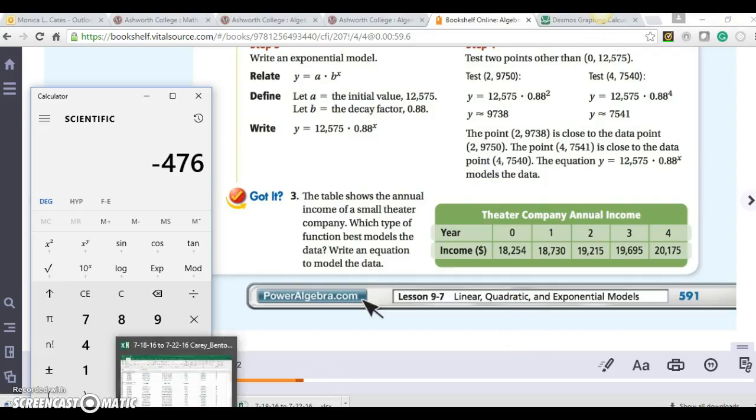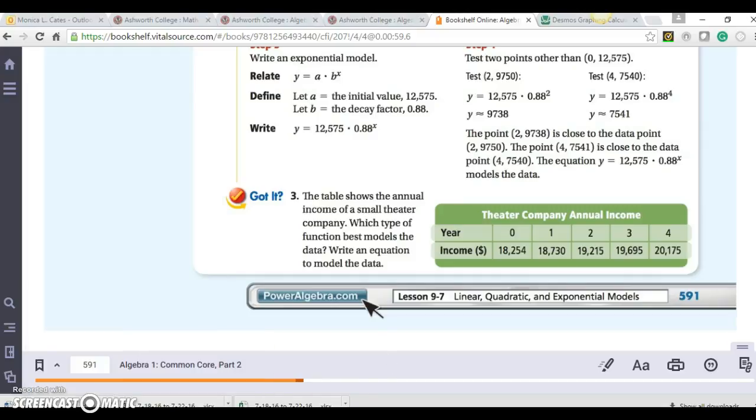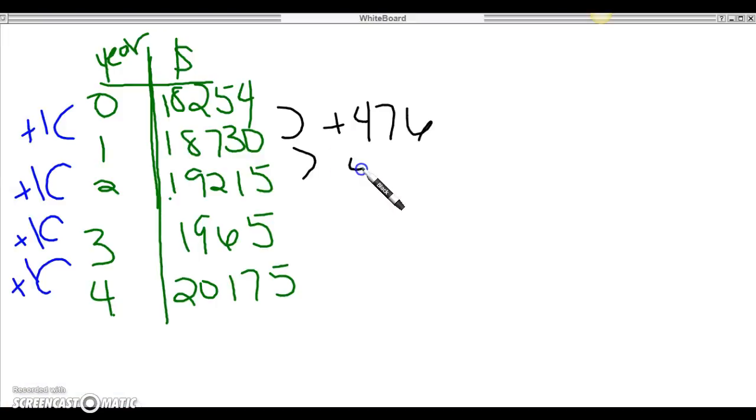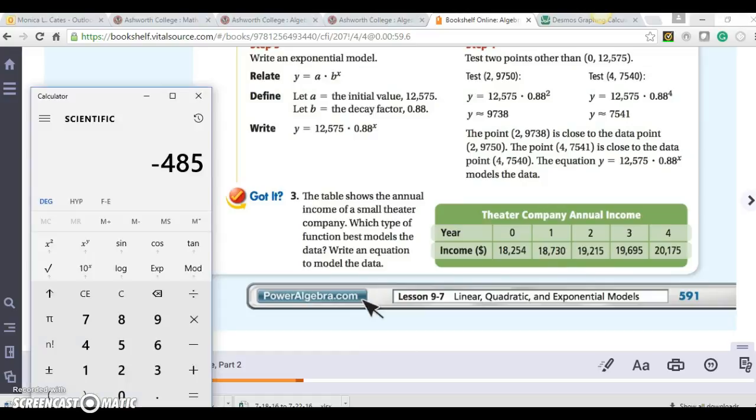We'll do the next one. And so I have 18,730 minus 19,215, and that's 485. Let's do the next one. That's going to give me 19,215 minus 19,695. It gives me about 480.